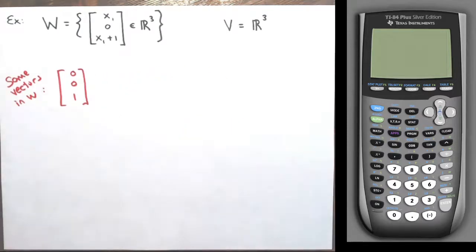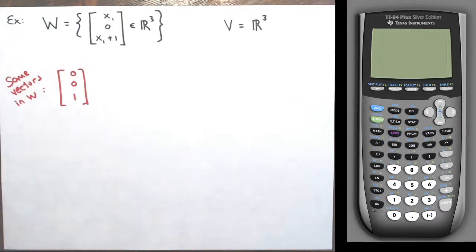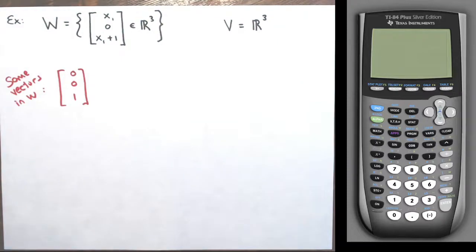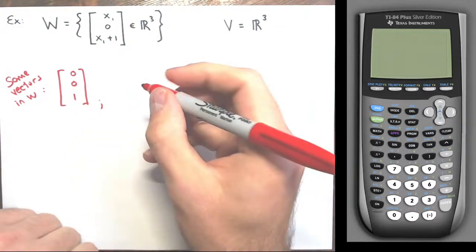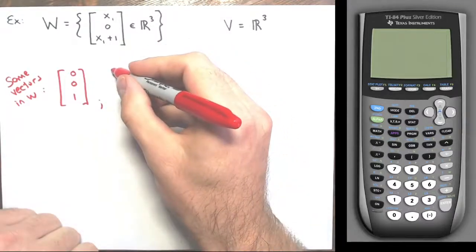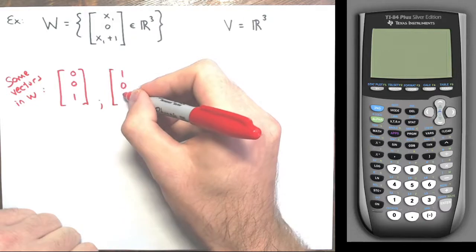Now notice that, as with a similar problem earlier in R2, this plus 1 throws some things off. The 0 vector will not be in this set because 0, 0, 0 doesn't look like this. If the first component is 0, the third component has to be 1. So right away, just because of that, it's not going to be a subspace of R3. But here's another one, 1, 0, 2.